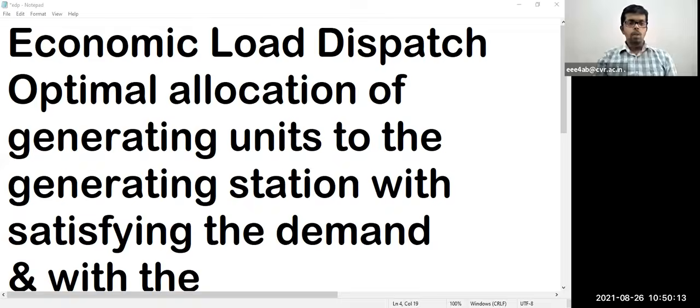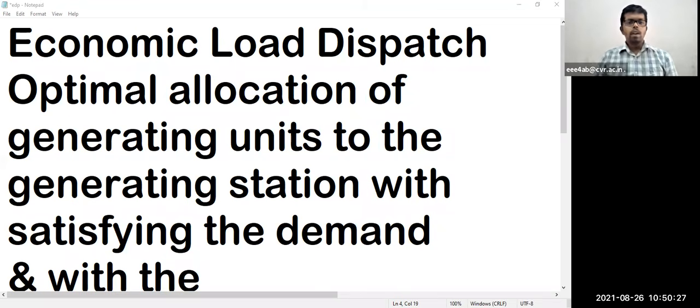The definition of economic load dispatch goes like this. What is meant by economic load dispatch problem? This is one of the important 2-mark questions in this subject.